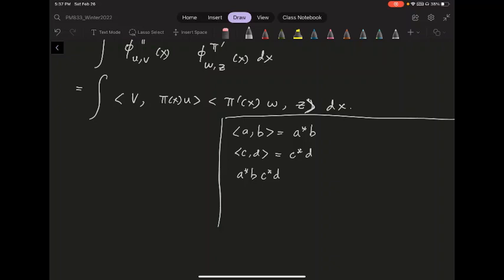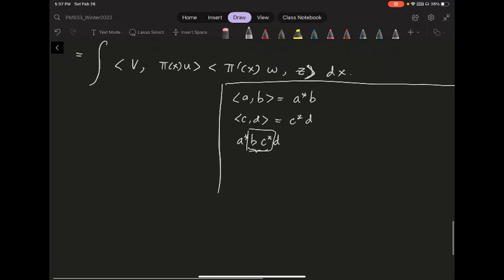But another way of looking at it is that you have B C star. You just break it here. What B C star does is the following: B is a column vector, and you multiply by C star, which is a row vector, so it looks like an n by n matrix. This is essentially just a rank-1 operator.